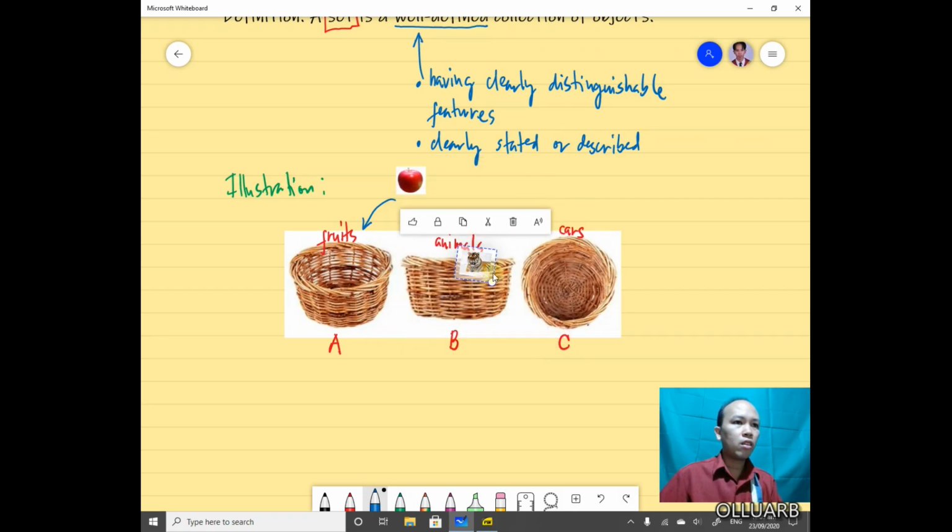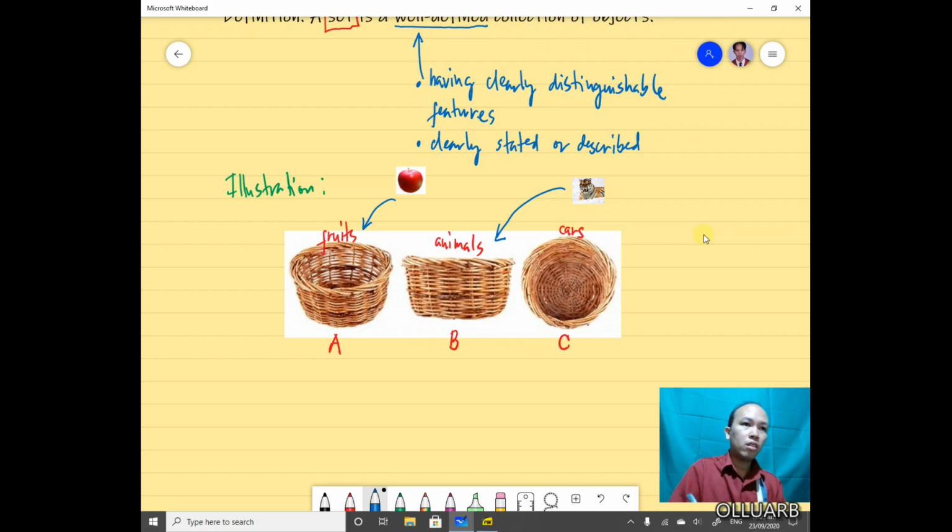We know that this picture here is not a car. This is not also a fruit. But this is an animal. So this object here belongs to set B.